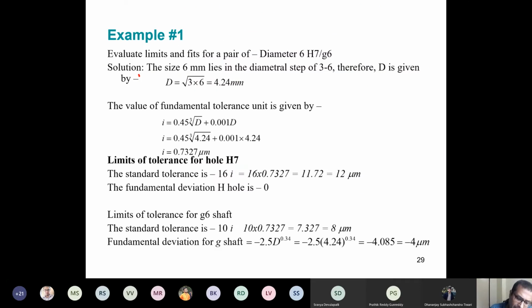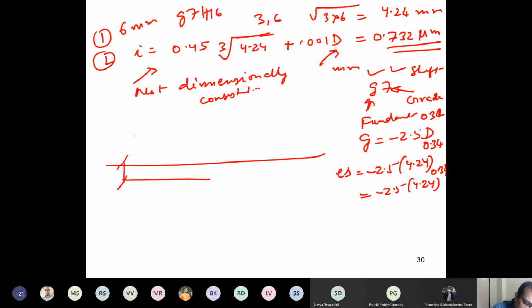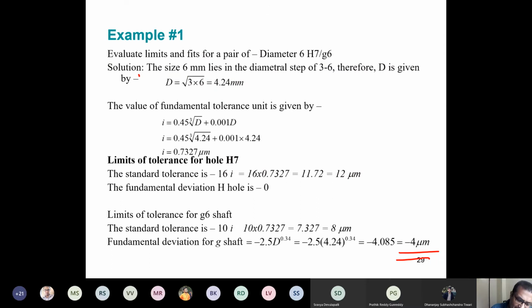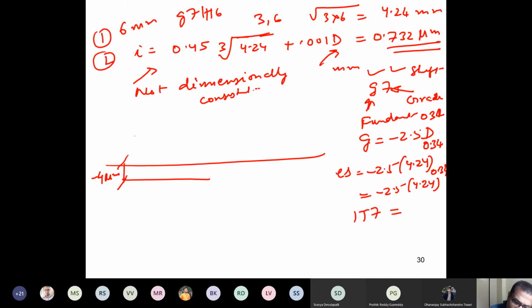This turns out to be minus 4 microns. Now, the extent or band of IT7... Oh, actually, no, G6. G6 is there, right?